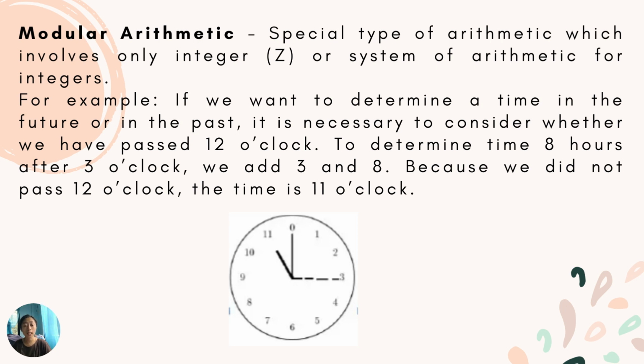For example, if we want to determine a time in the future or in the past, it is necessary to consider whether we have passed 12 o'clock. To determine the time 8 hours after 3 o'clock, we add 3 and 8 because we did not pass 12 o'clock. The time is 11 o'clock.